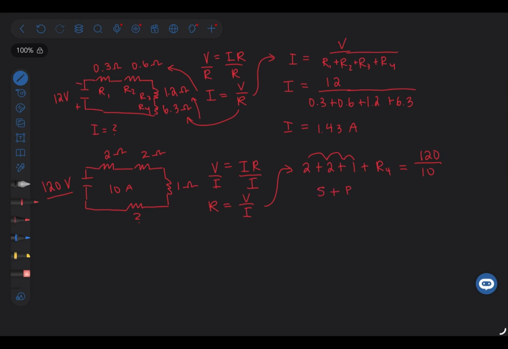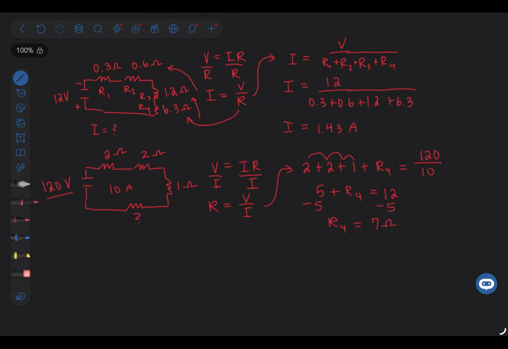So 5 plus R4 is equal to 120 divided by 10, which is 12. In order to find R4, we're just going to subtract 5 on both sides. Now R4 is 7 ohms. That's your answer.